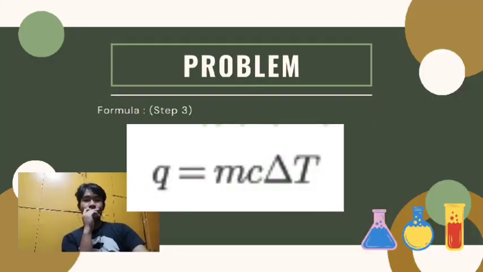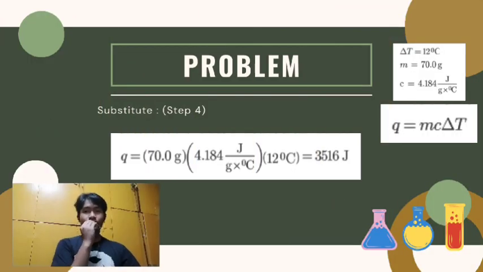Write the working equation, where Q equals m c delta T. In step 4, substitute the values and solve for the amount of energy, where Q equals 70.0 grams, that is the m, times 4.184 joule per gram degree Celsius, which is the c, times the change of temperature, 12 degrees Celsius.